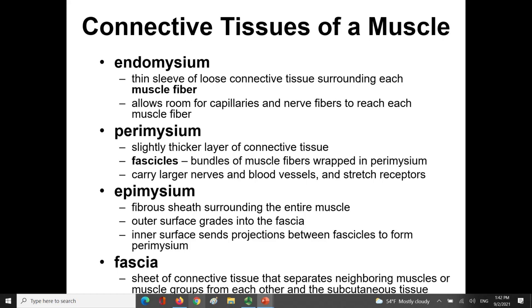There is also an epimysium, and this is a fibrous sheath surrounding the entire muscle. The outer surface grades into the fascia, and the inner surface sends projections between the fascicles to form the perimysium. And then we have the fascia, and this is a sheet of connective tissue that separates neighboring muscles or muscle groups from each other and the subcutaneous tissue.